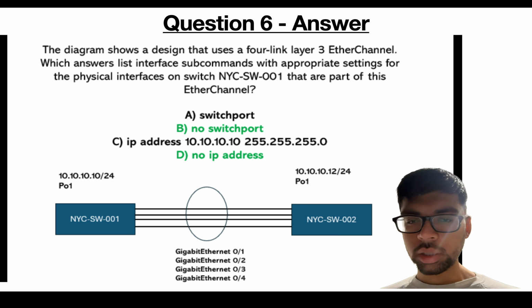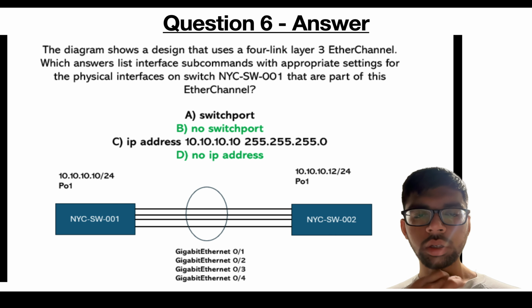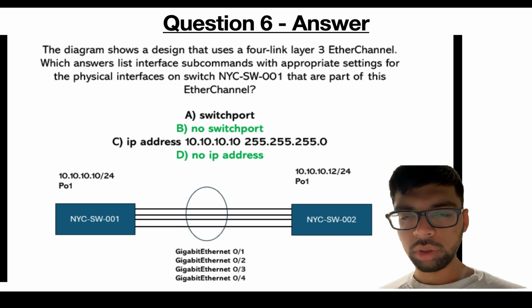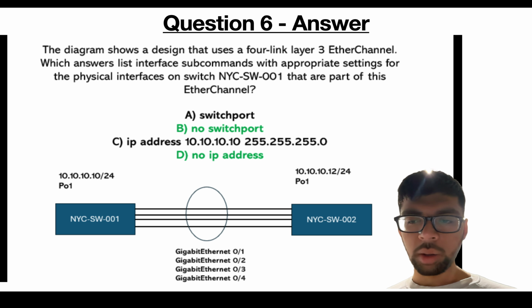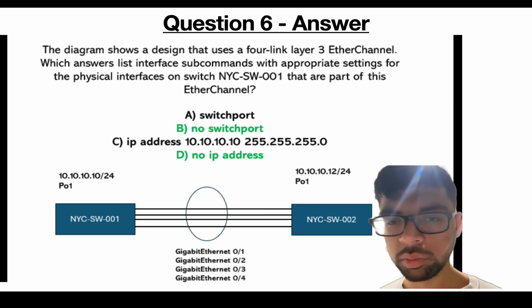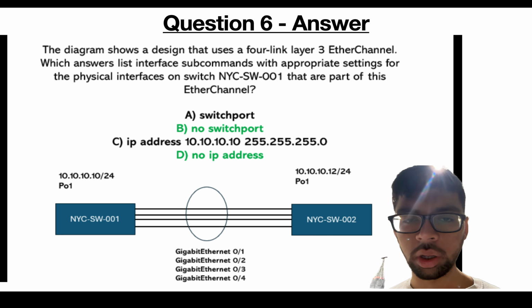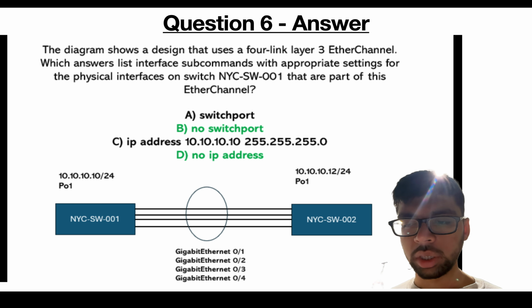Okay, so no switch port and no IP address. That's what we do, because we need to turn the port into a routed port, and no IP address is another parameter that we can use as well for this configuration.